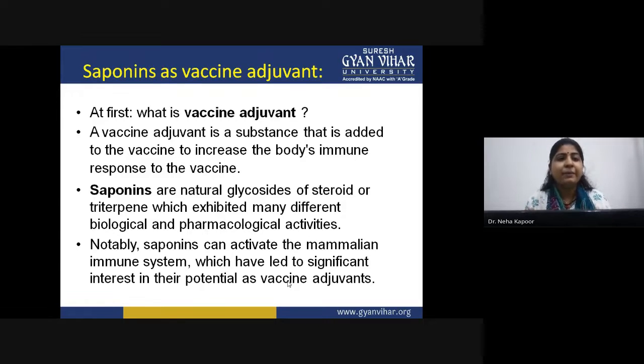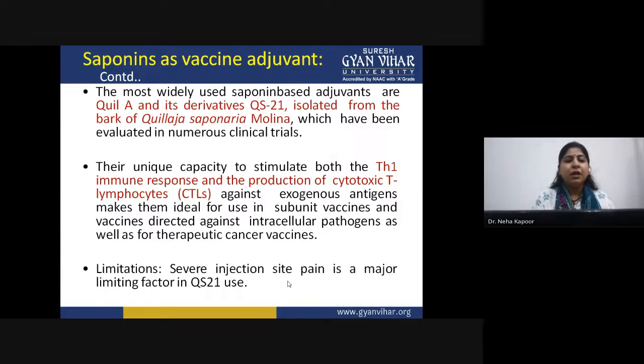That is why the vaccine industry has significant interest in saponins as vaccine adjuvant. The most widely used saponin-based adjuvants, with a few examples, are Quil A and a few derivatives of it, like QS21.